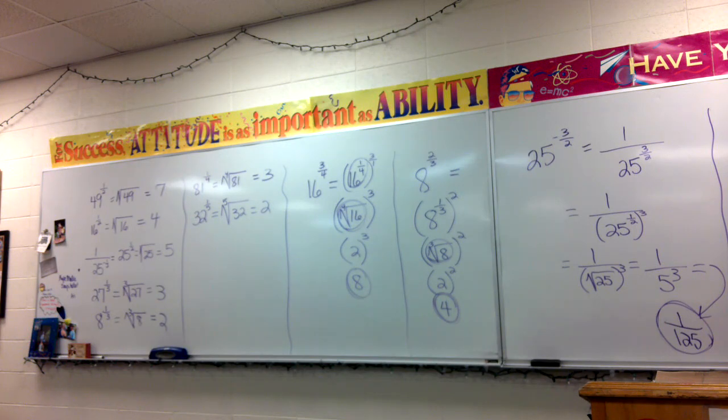2.5. But we haven't done any mixed numbers. You've got to change it to improper. 2 times 2 is 4 and 1 more is 5. So 9 to the 5/2.